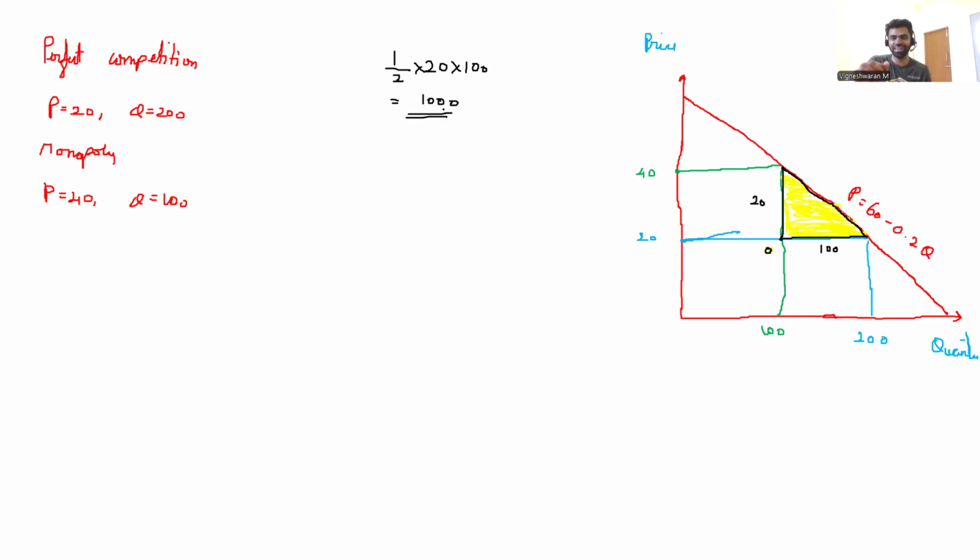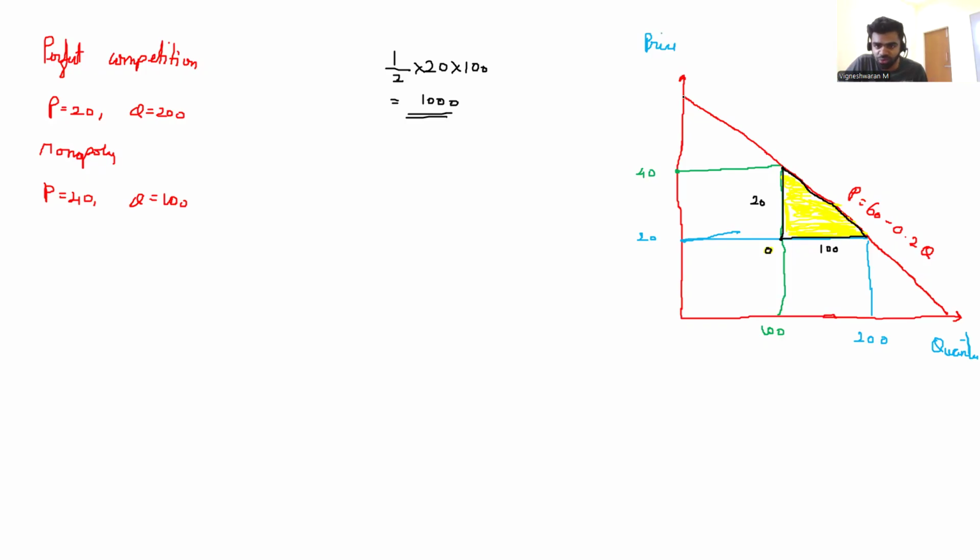But if you do it like this, ma'am will not give marks. There is another simple procedure. Ultimately we know that 1000 is the answer, but you should not do it like this. There are a few steps you have to do to derive this 1000.